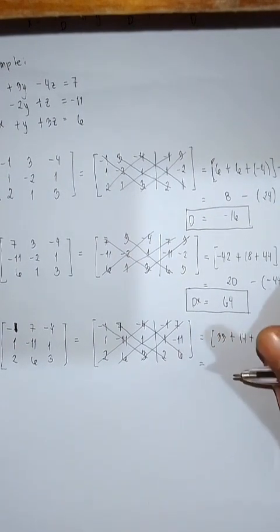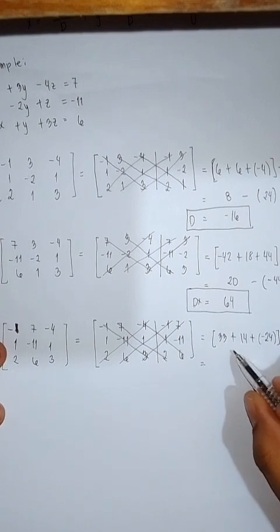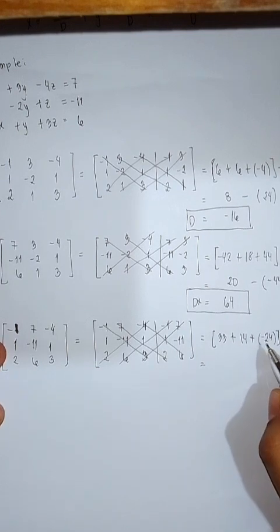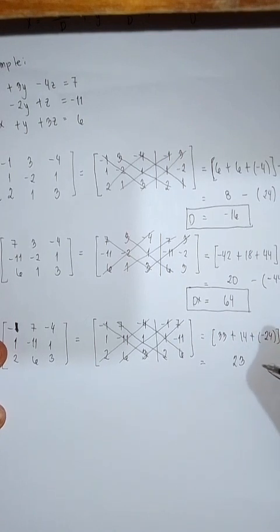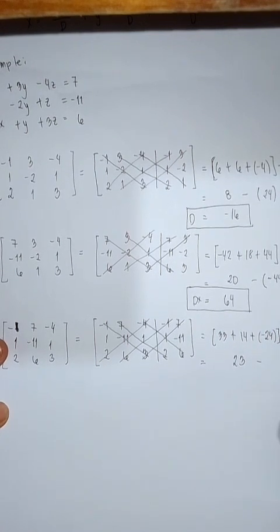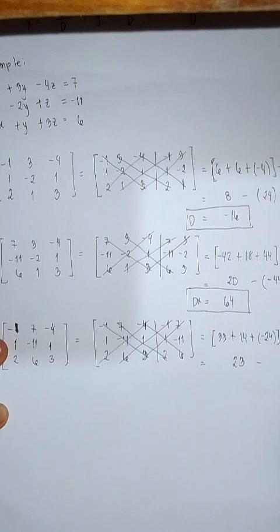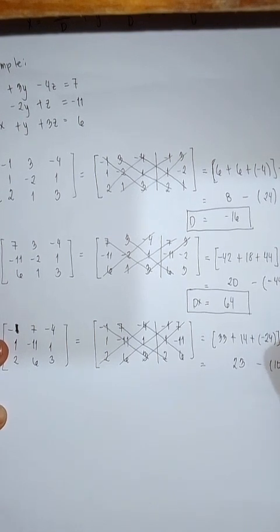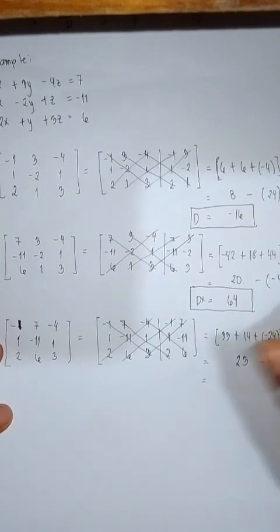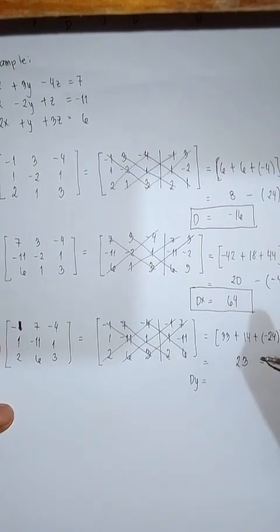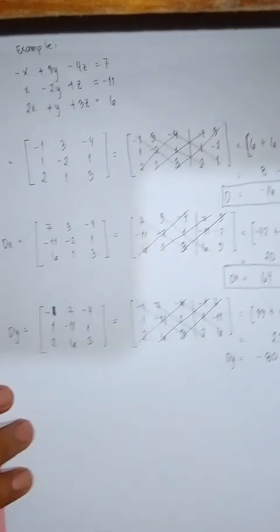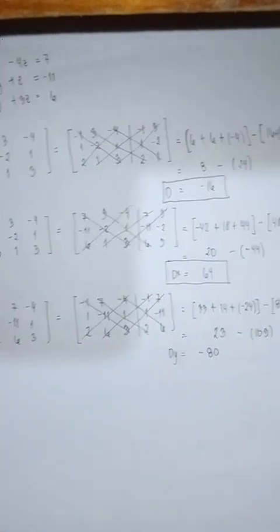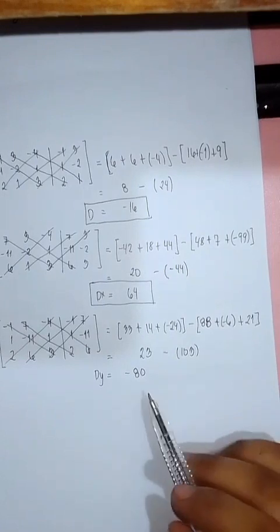So this is 33 plus 14 minus 24 is 23, minus 88 plus negative 6 plus 21 is 103. And our D sub y is equal to negative 80.